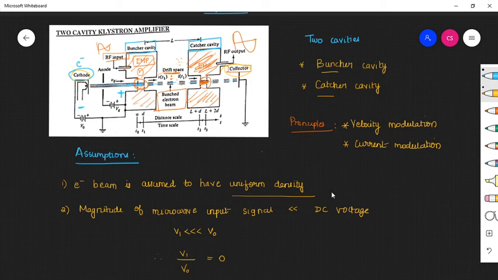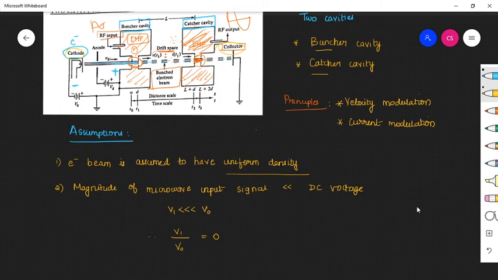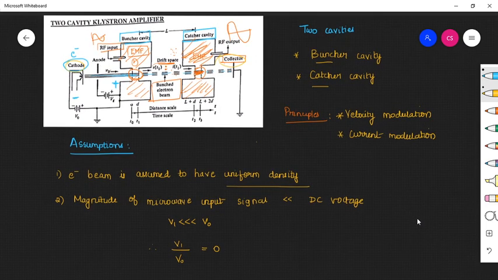The second important assumption is about the magnitude of the input that we are giving to be amplified. We give an RF input here that has to be amplified. We consider that RF input to be very small when compared to the DC voltage that is given here. So we assume the RF input which has to be amplified is very much less than the DC input given to the klystron, so we assume V1 to be almost 0.